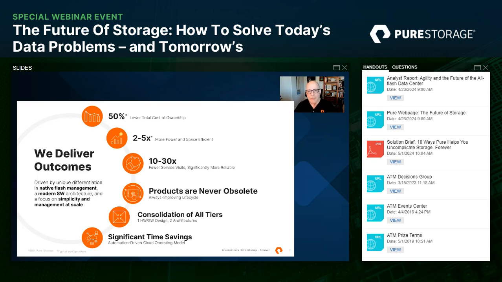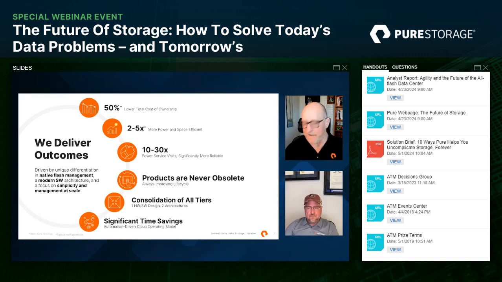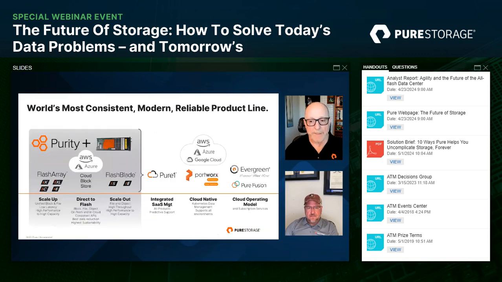Why not use flash that can adapt and change to all these different workloads and have the same user experience, the same system management capabilities across all those different tiers? And that results in significant time savings, freeing up the staff from the mundane tasks that are eating up all their time now, so that they can be working on the more value add capabilities and projects.